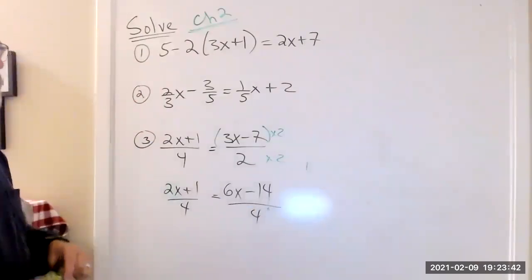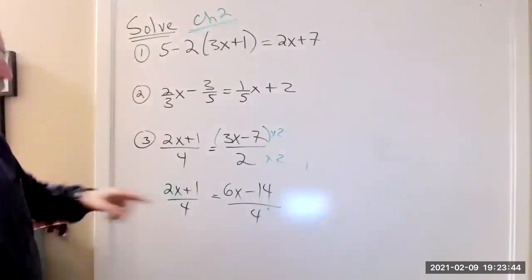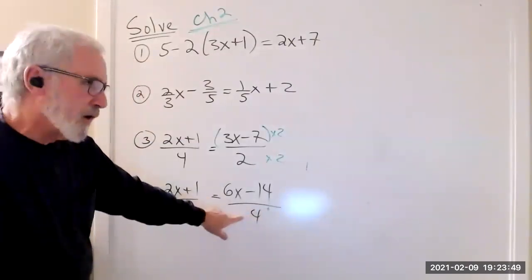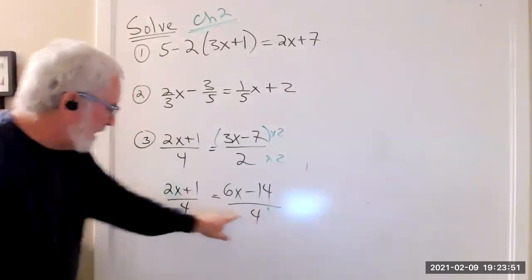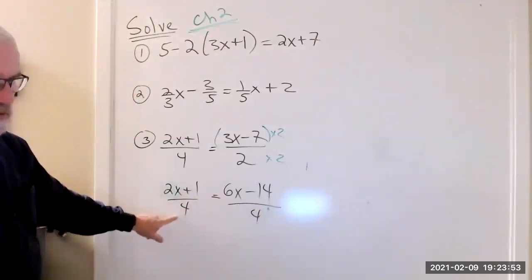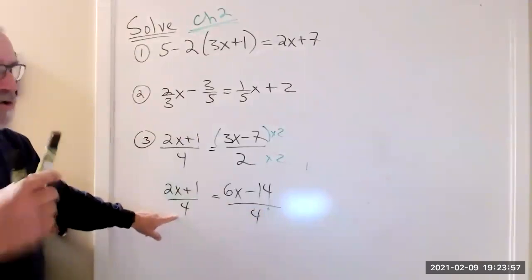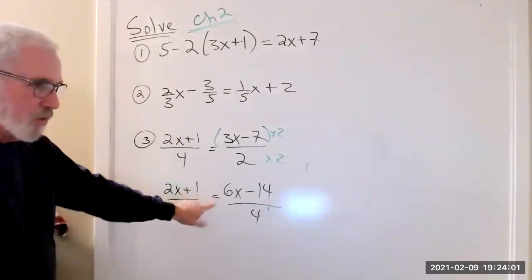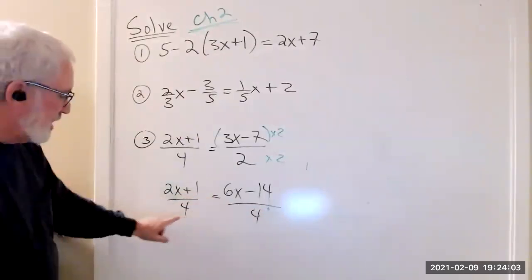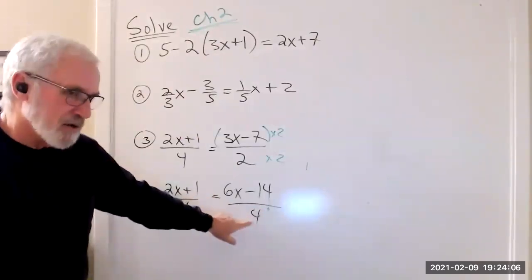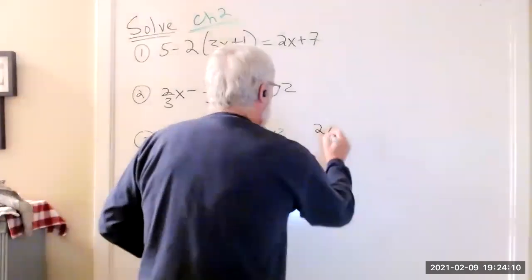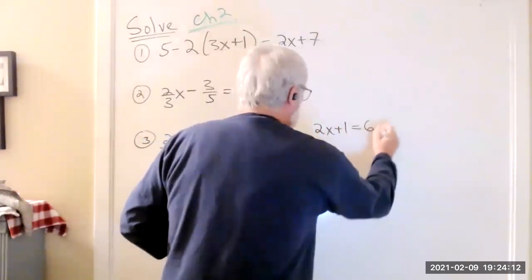Now, big drum roll, because look, if 2 fractions are equal and the denominators are the same, then what's the only logic you can say about the numerators? Doesn't that imply the numerators have to also be the same?